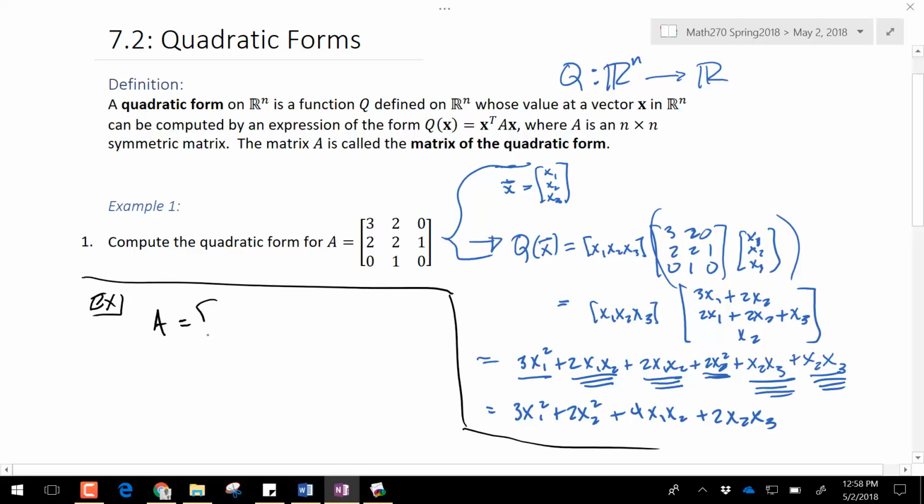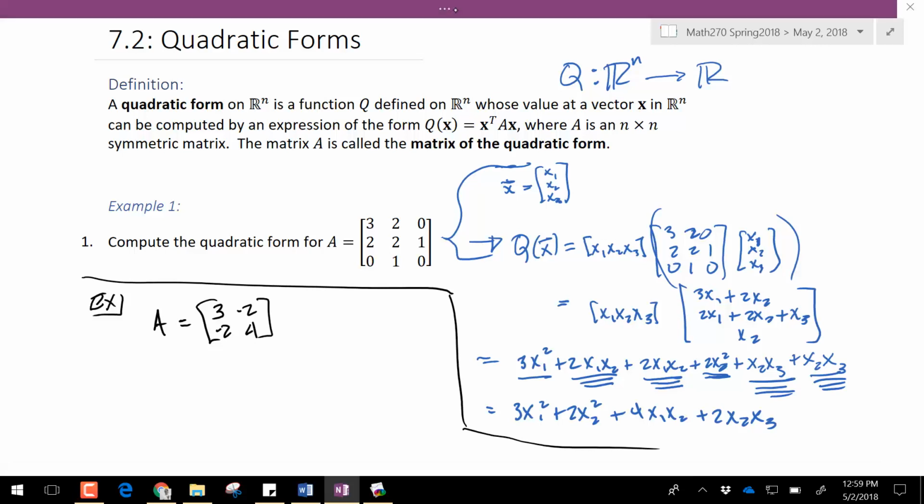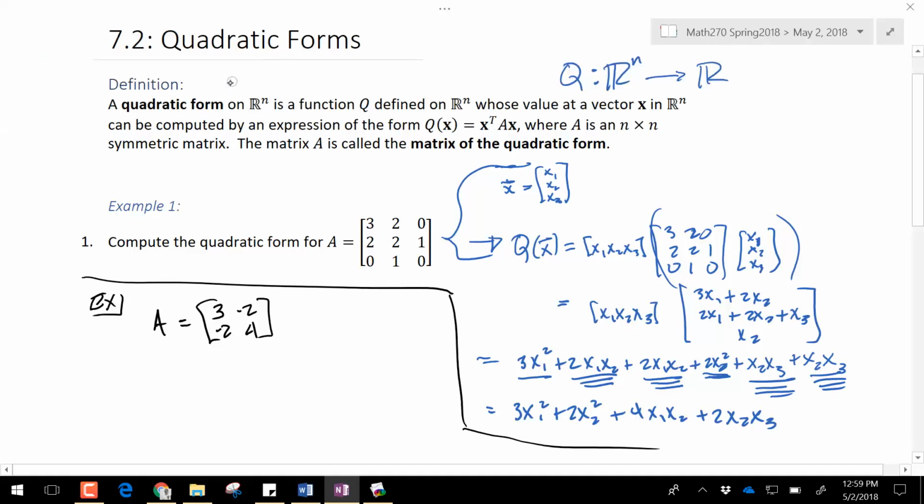A is equal to, and let's do a 2 by 2 this time, make it a little bit easier for ourselves. Let's see, 3, -2, -2, and 4. All right, so let's try this one. Let's let the x vector equal x1 and x2.